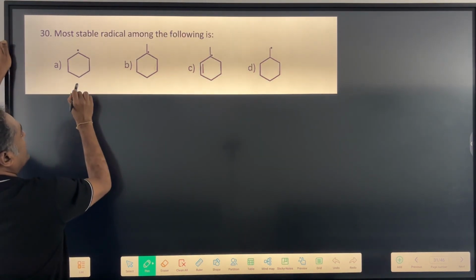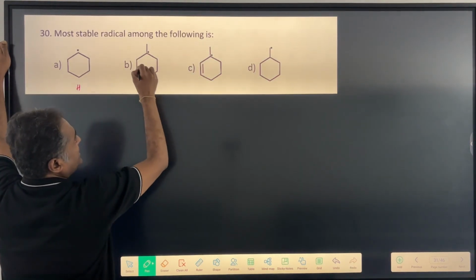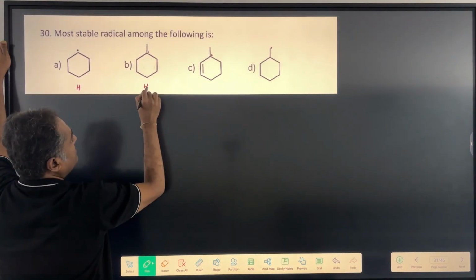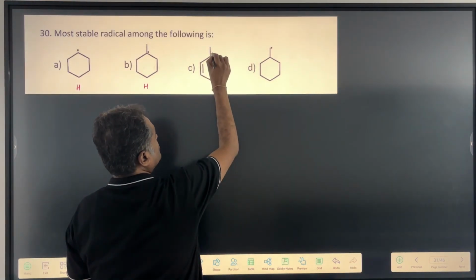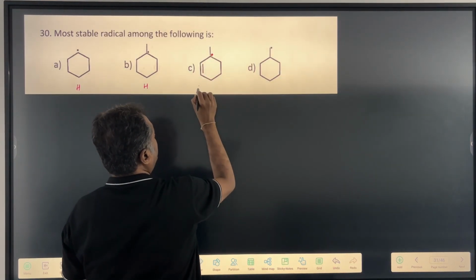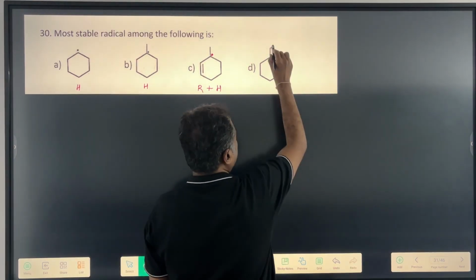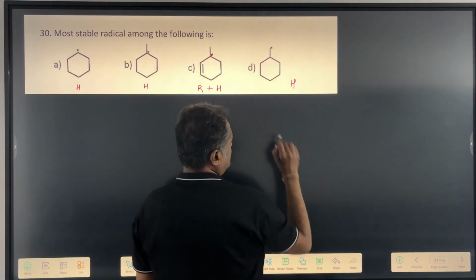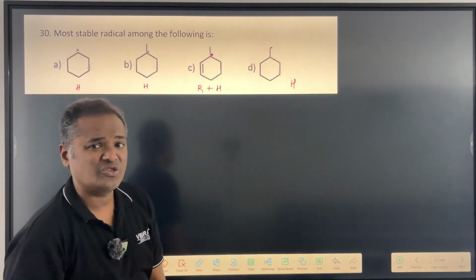So, here you can explain this with hyperconjugation. Here also you can't see any conjugation, so this also can be explained by hyperconjugation. Here you can explain it based on resonance plus hyperconjugation, and here again it is based on only hyperconjugation.